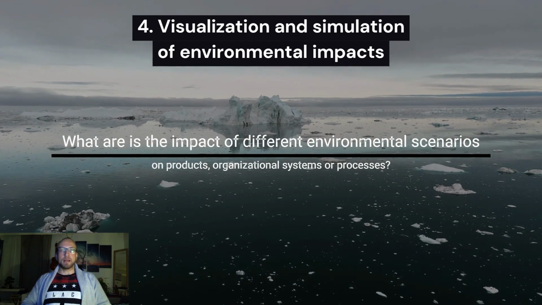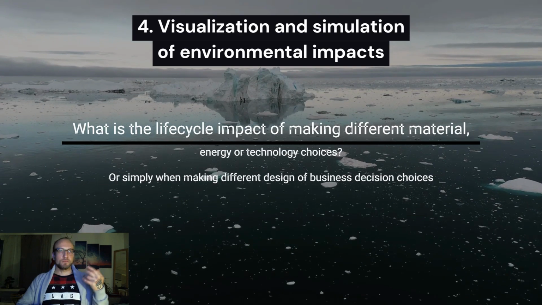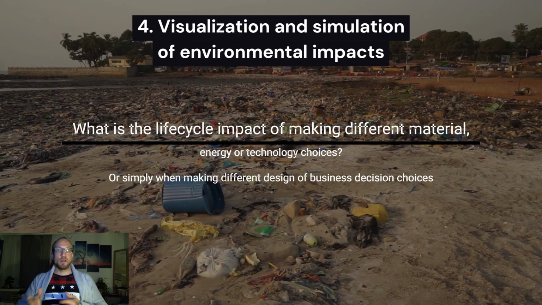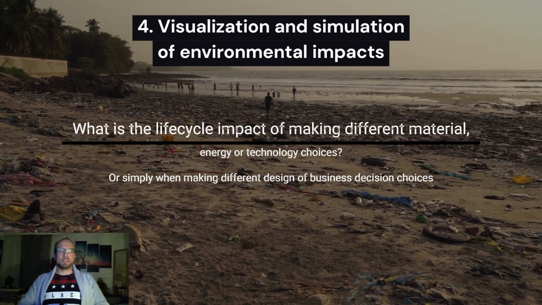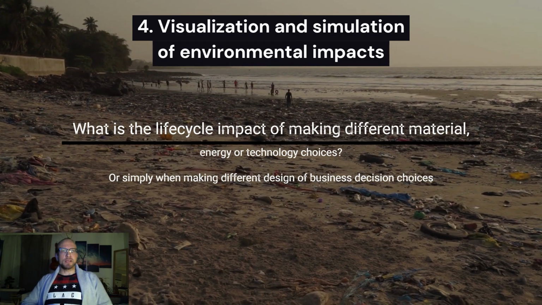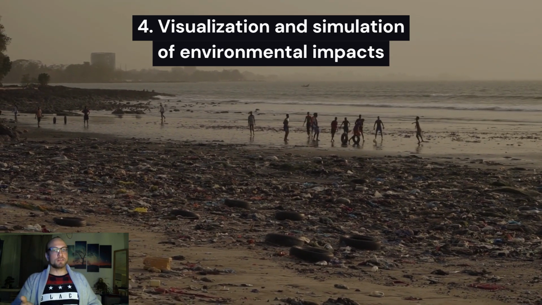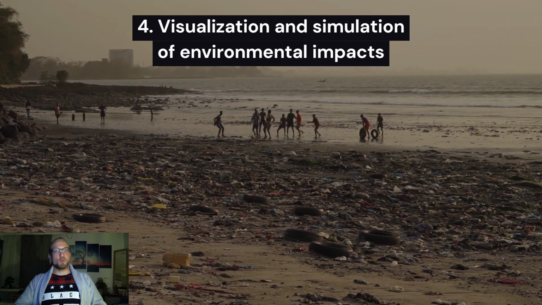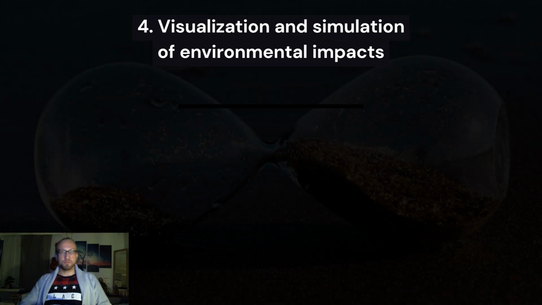And we can visualize what are the life cycle impacts when we do different materials or technology choices, or what are the potential impact of different decisions or design choices that we make against the known sustainability metrics. So we can consider these at the different stages of design, using a product, also after use when it's disposed, as well as when we recycle materials or reuse resources or products.